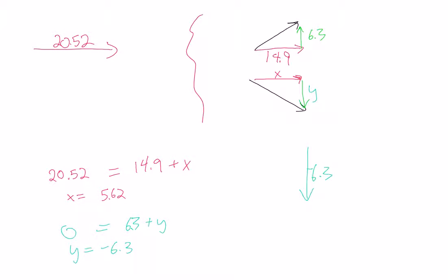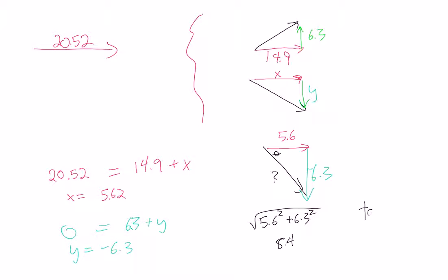Sometimes it's a good idea so you don't forget. And we have 5.6, I'll just keep it rounded to one decimal, so 5.6 going to the right. So now we're ready to solve for our final answer. We need to figure out our hypotenuse, and we want that angle. If we just do the Pythagorean theorem, that'll give us our hypotenuse. That gives us 8.4.